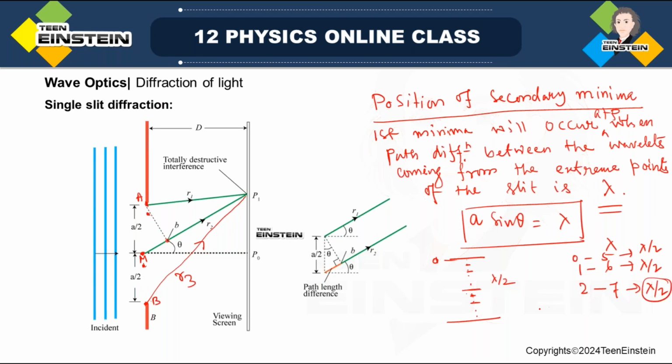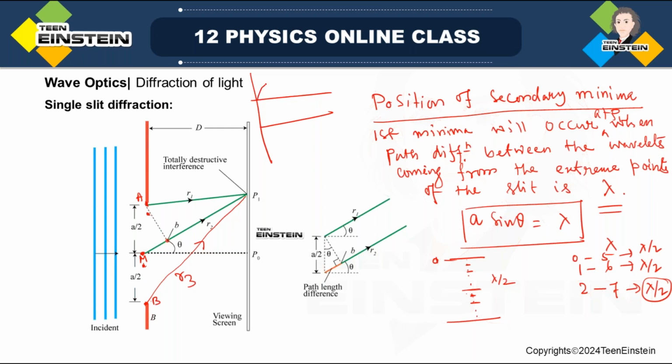And why am I saying lambda by 2? If this is lambda by 2, what happens? What happens when there is lambda by 2 path difference between two waves? Let me tell you. I discussed interference in the beginning itself.